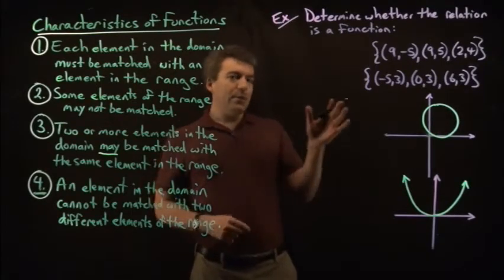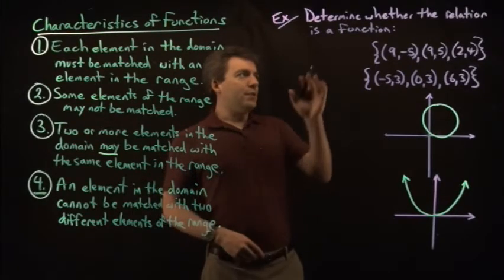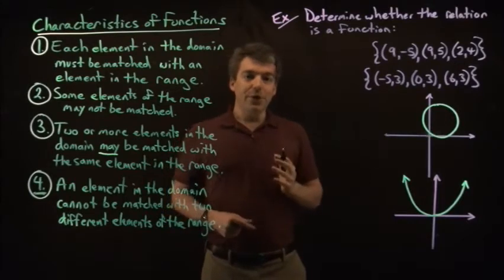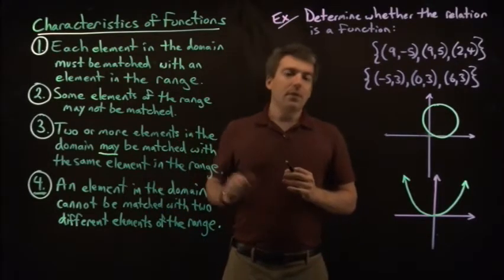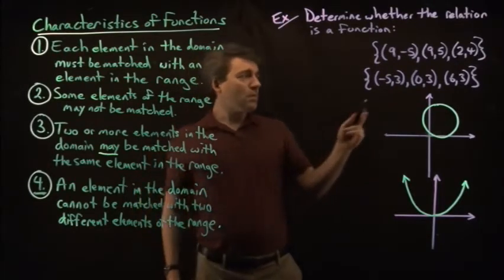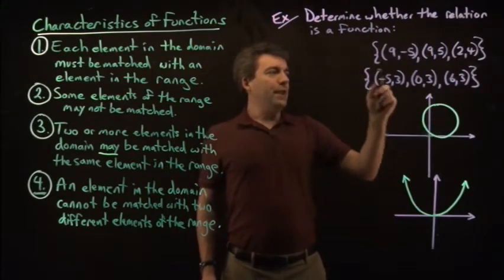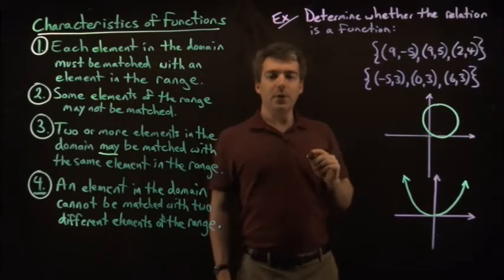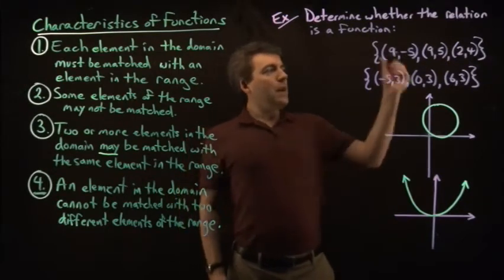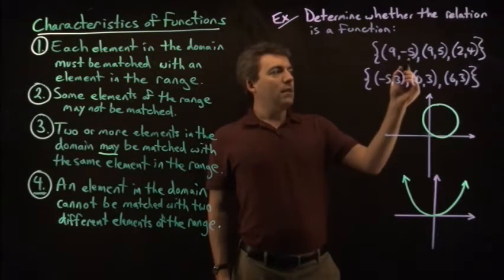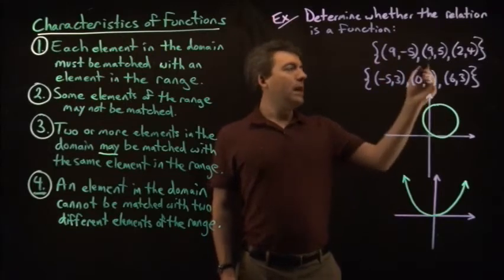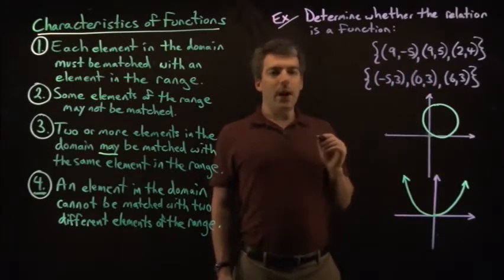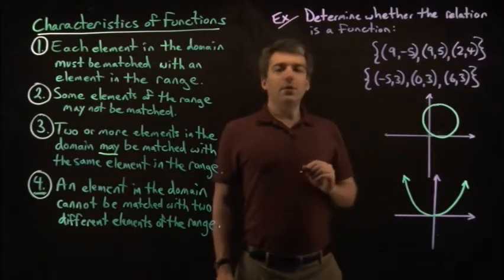Let's look at some examples of relations and determine whether that relation is a function based on these facts. So let's look at this first relation. This relation has 3 ordered pairs, so you can think of 3 arrows. 9 goes to -5, 9 goes to 5, and 2 goes to 4.